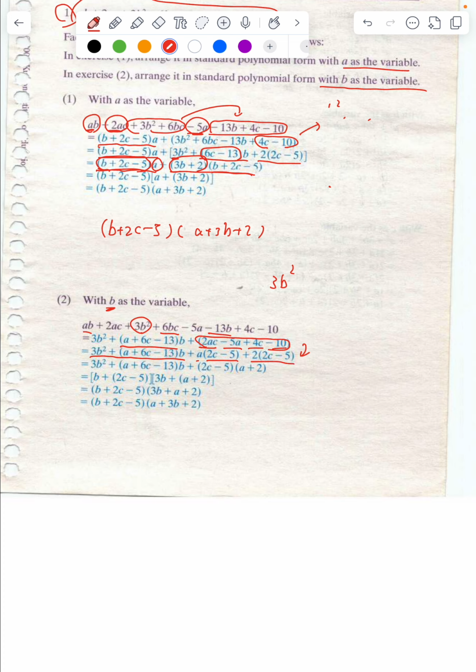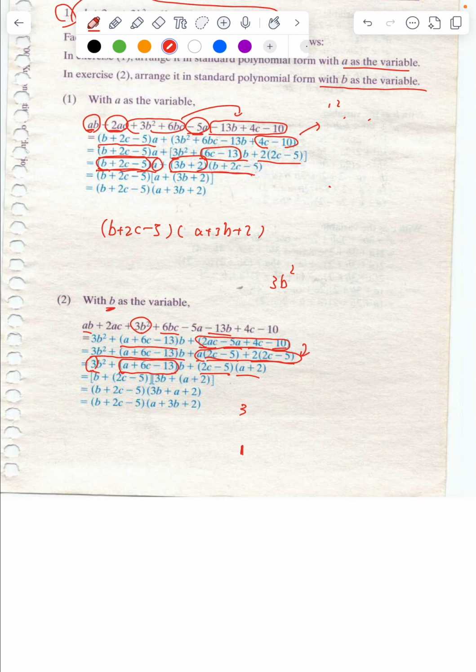With these two, we have 2C minus 5 in common. Then we can factorize out the 2C minus 5, and it becomes A plus 2. Next, we know that we have 3B squared and the middle part, which is A plus 6C minus 13. This is our target. So we're going to factorize 3 and 1, which are the factors for the B squared, and then we have 2C minus 5 and A plus 2.